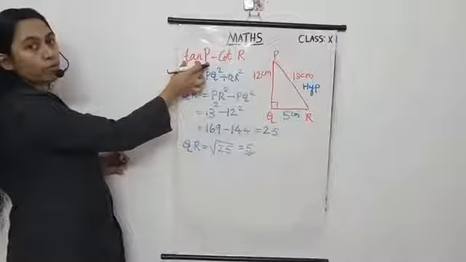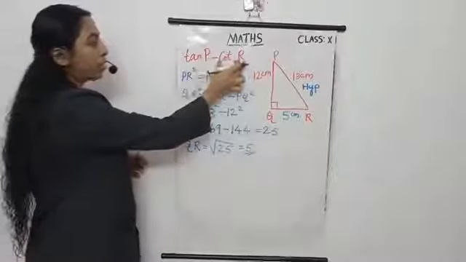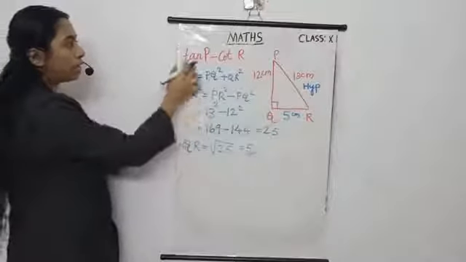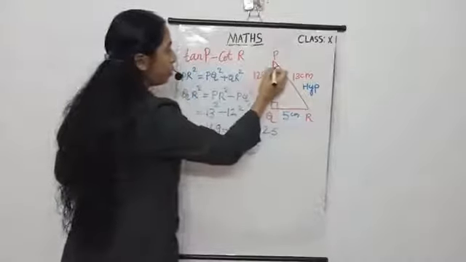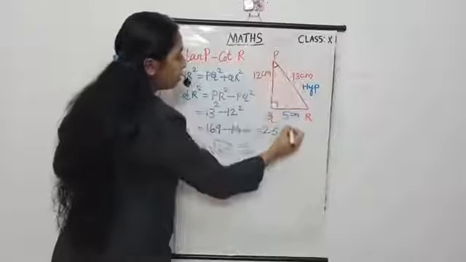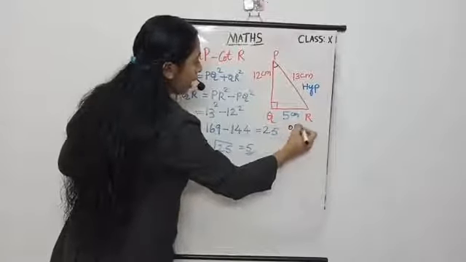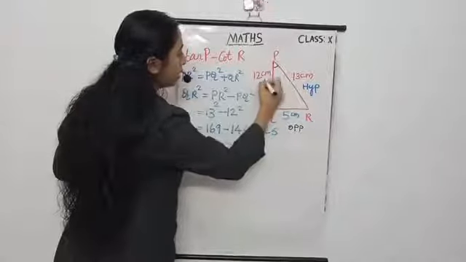Now we need to find tan P minus cot R. So according to angle P, its opposite side is QR and its adjacent side is PQ.